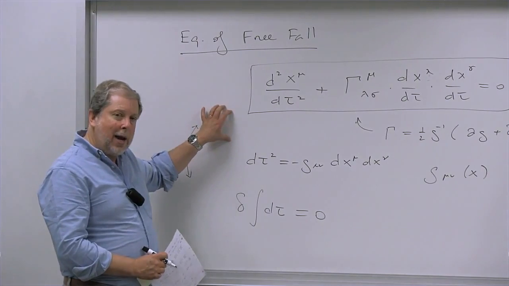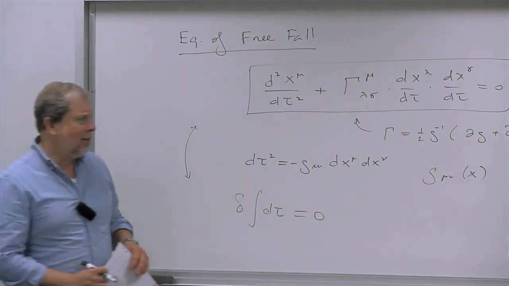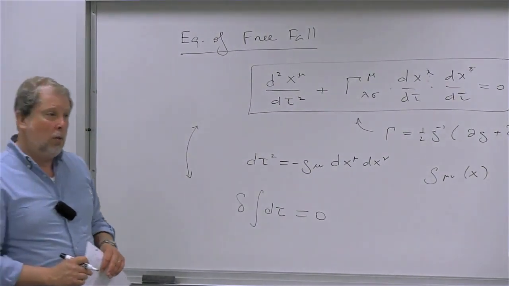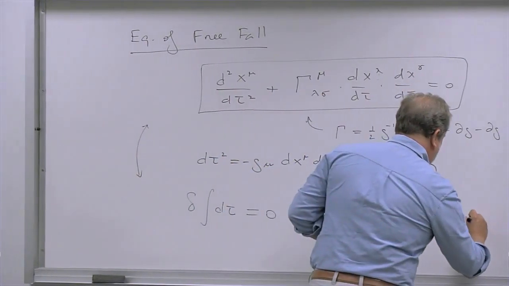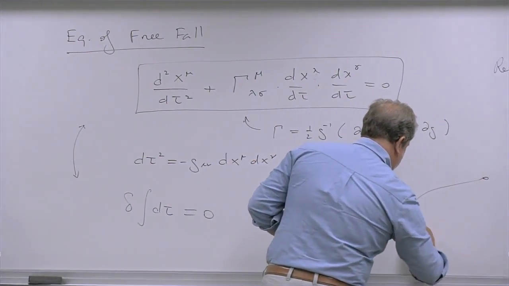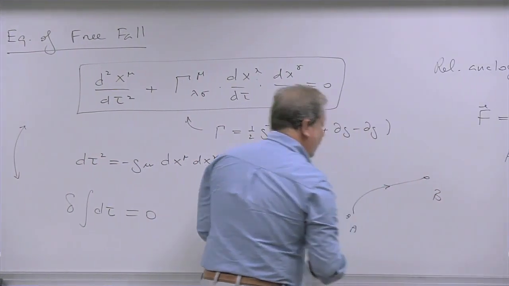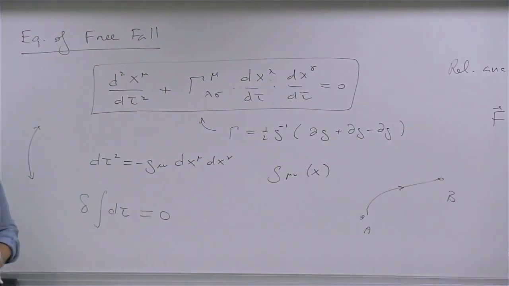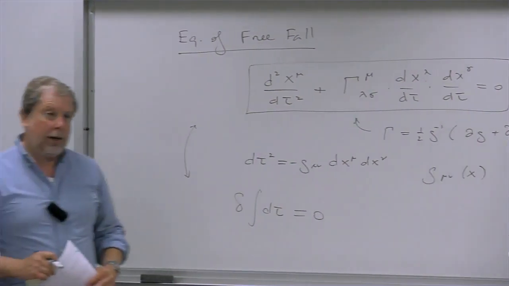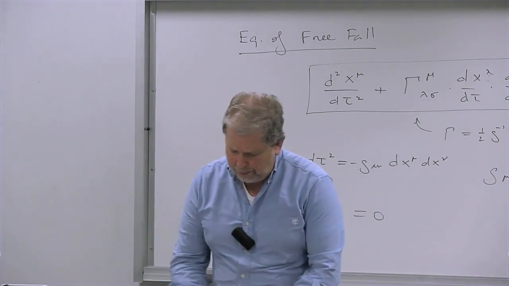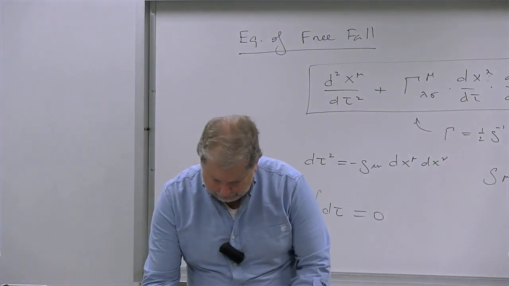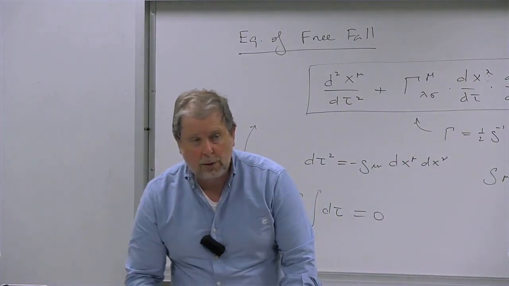So here you have the analog of the Lorentz equation. It tells you what trajectory a particle will follow when it goes from point A to point B under the influence of gravitational forces. Analog of the Lorentz equation for gravitation. So as I said, this is one of the cornerstones of general relativity.